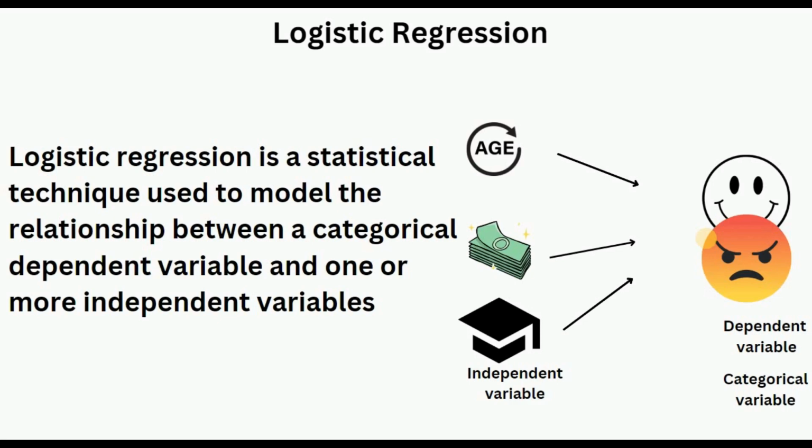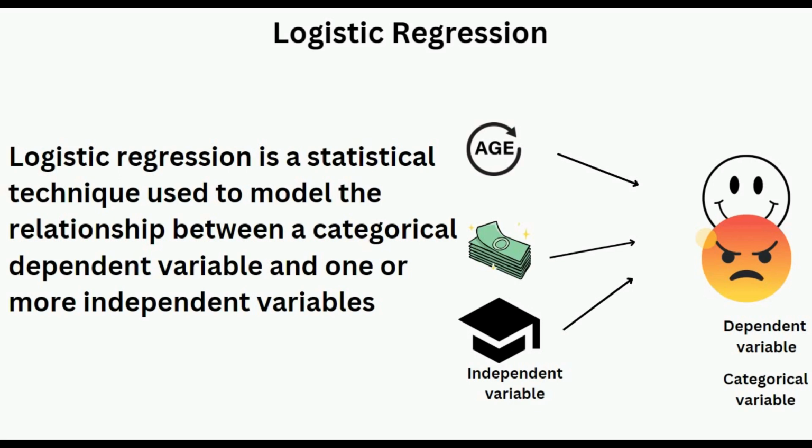So the dependent variable has two outcomes. Another example: if we are going through a website, whether we will purchase or not. We may spend 1 hour, 2 hours, 3 hours on the website, and the question is whether we will purchase it or not.